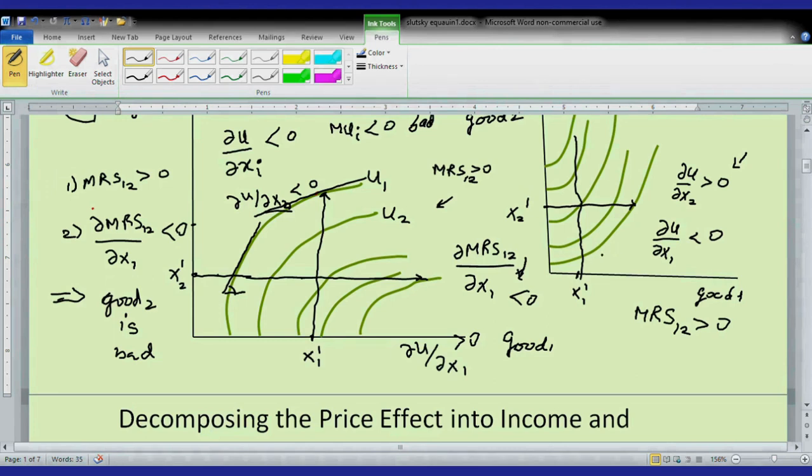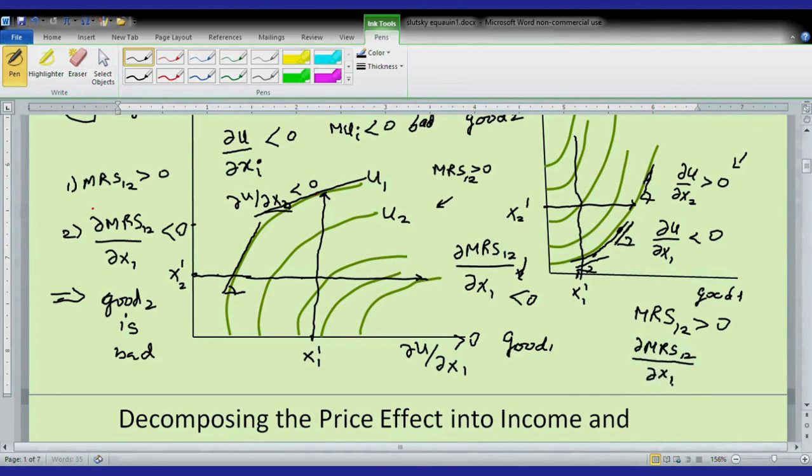Now come to this graph and take any indifference curve, like the lowest one, and see what is happening to the marginal rate of substitution as we increase the consumption of good 1 here. So we have the second condition, the partial derivative of the marginal rate of substitution between the two goods with respect to good 1.